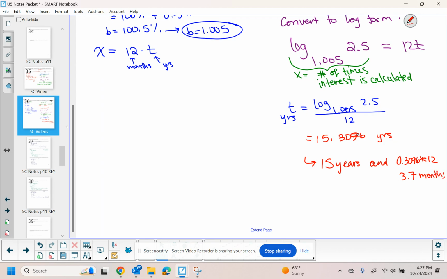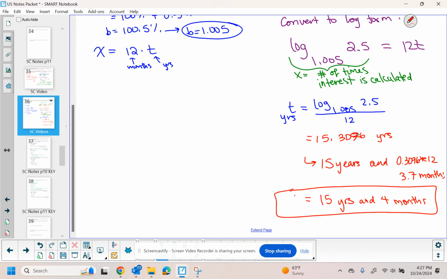So if it's compounded monthly at 15 years and 3 months, it's not going to be enough. So it's 15 years and 4 months. That's how long it takes to get to the 25,000.